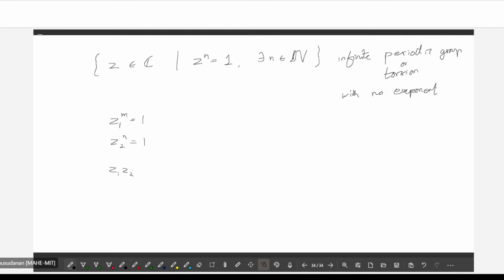If you modify this very lightly, you get an example of an infinite P group with no exponent.